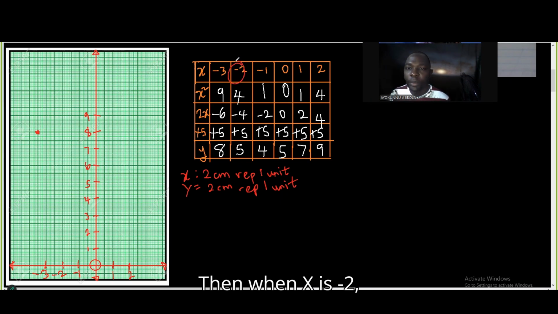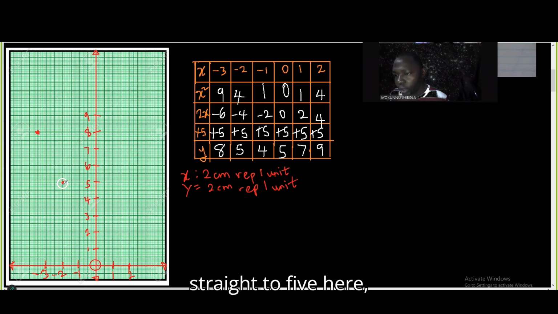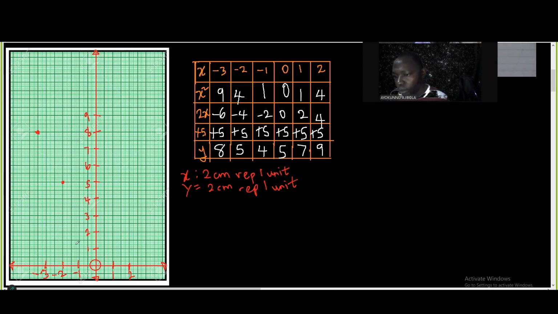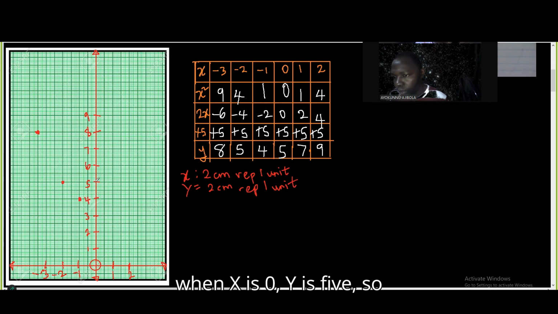Then when x is -2, y is 5. So -2 goes straight to 5 here. Then minus 1 goes straight to 4.